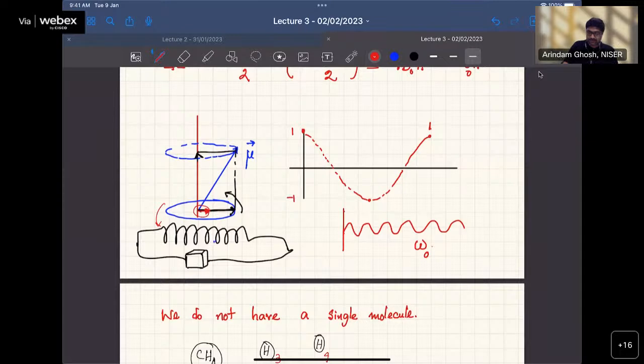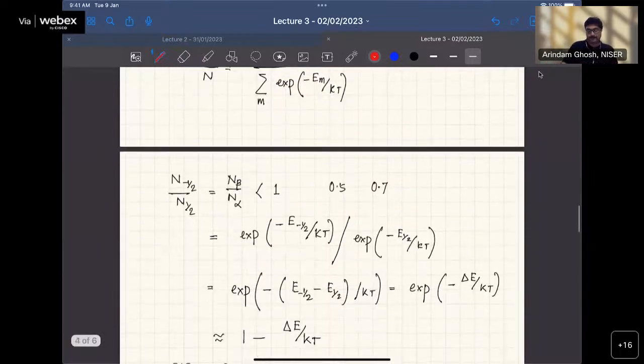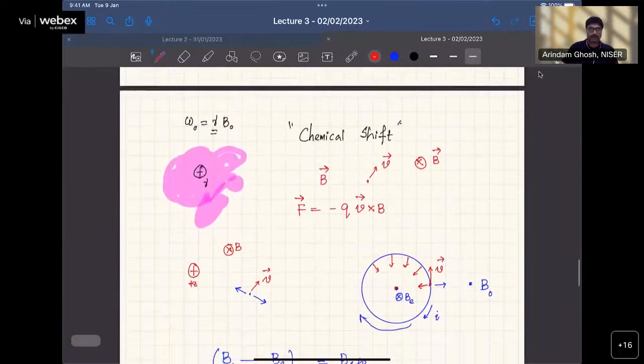So we can find this omega 0, which is effectively gamma times (1 minus sigma) times B0. Right? Depending upon the sigma, this omega 0 will be at different places, and we can see this. So this is in a nutshell the concept of NMR spectroscopy.